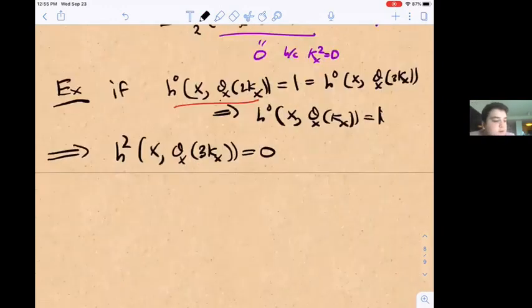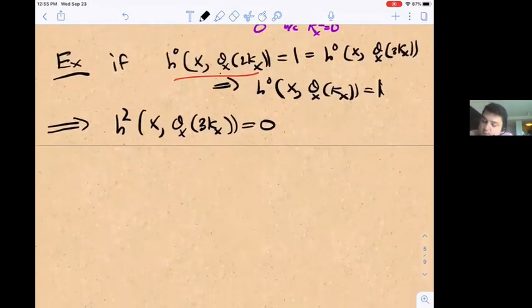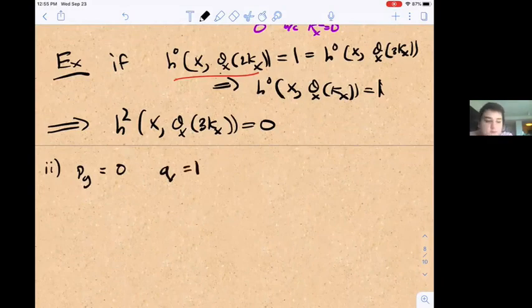Okay, next one, we have p_g equals 0 and q equals 1. So in this case, the Euler characteristic is 0. And now we use the Albanese map.